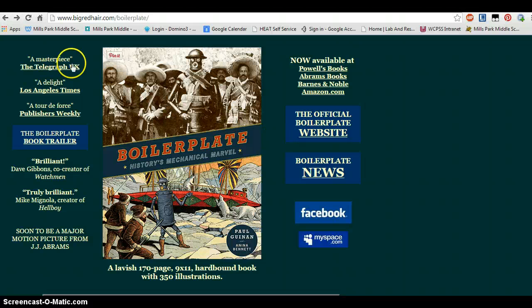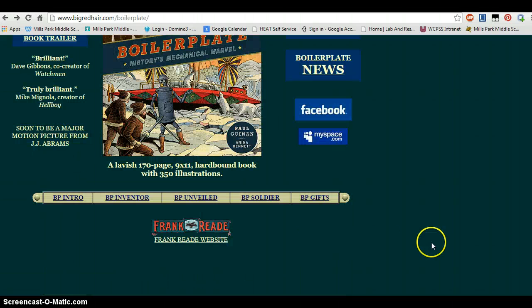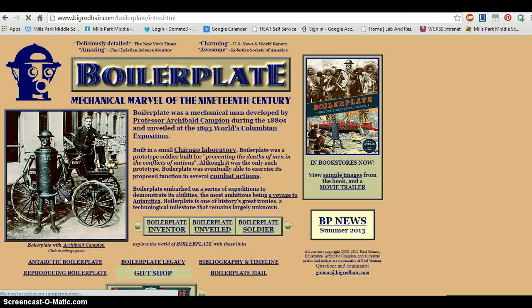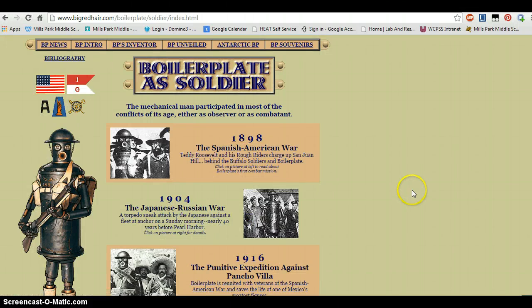There are some quotes over here from different newspapers that have reviewed it. It's a masterpiece and a delight, soon to be a major motion picture from J.J. Abrams. Then there are several links. You can learn all about the robot. You can see how he served as a soldier in many different wars. He even went to Antarctica.